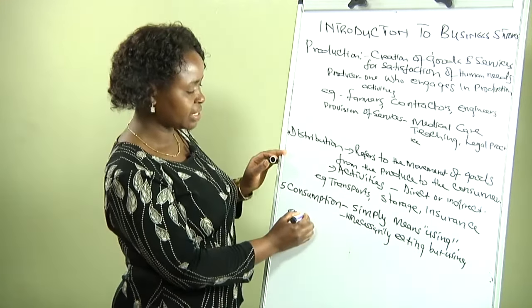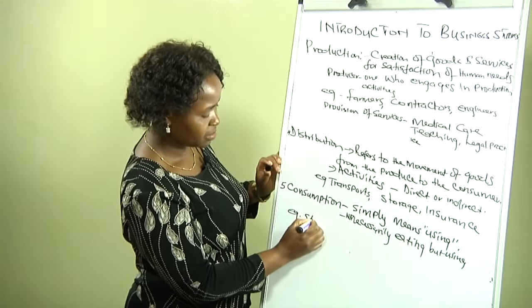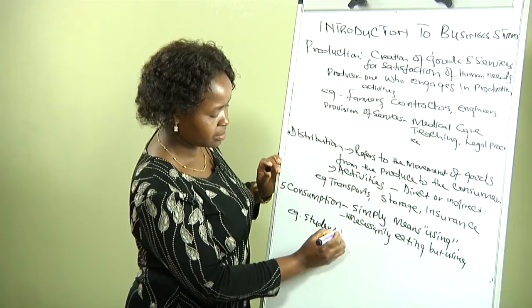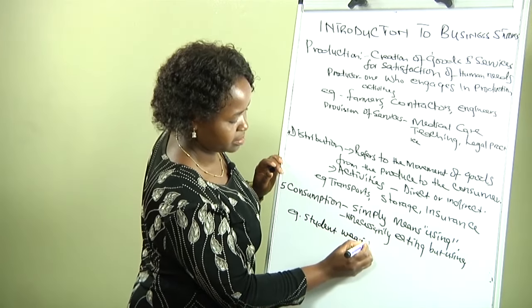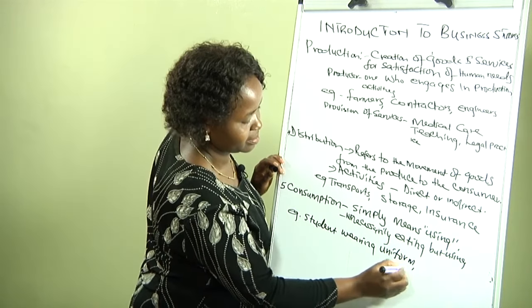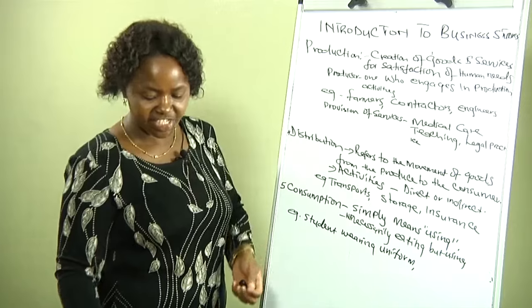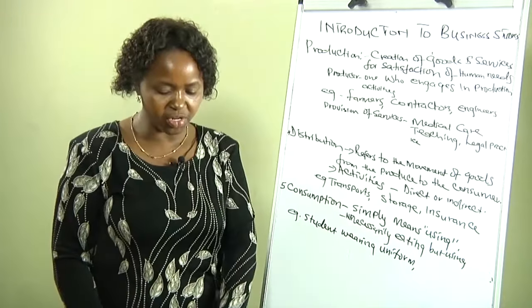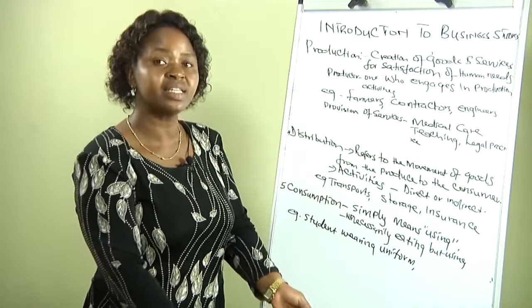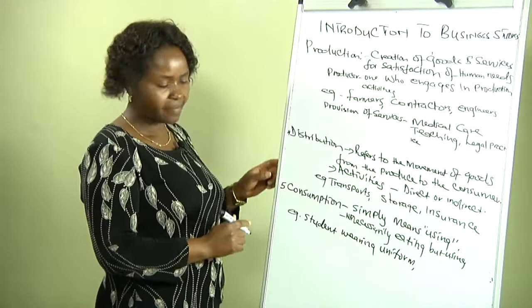An example is when a student is wearing their uniform, when a student is in class and the teaching process is going on, they can also be said to be consuming the teaching service.